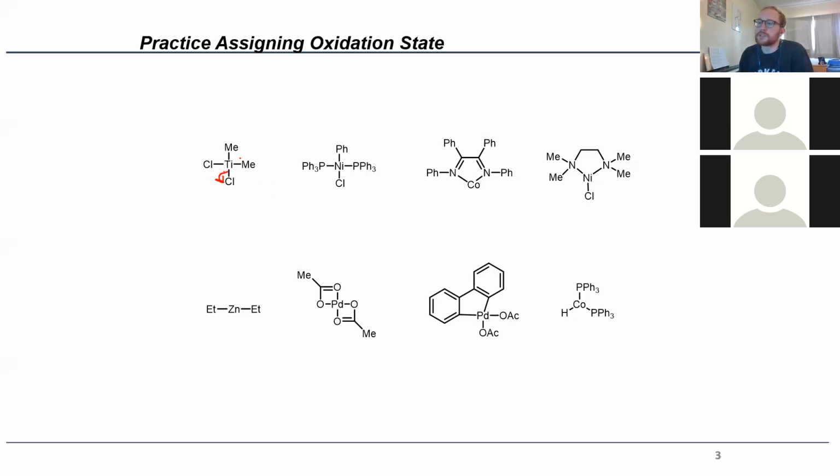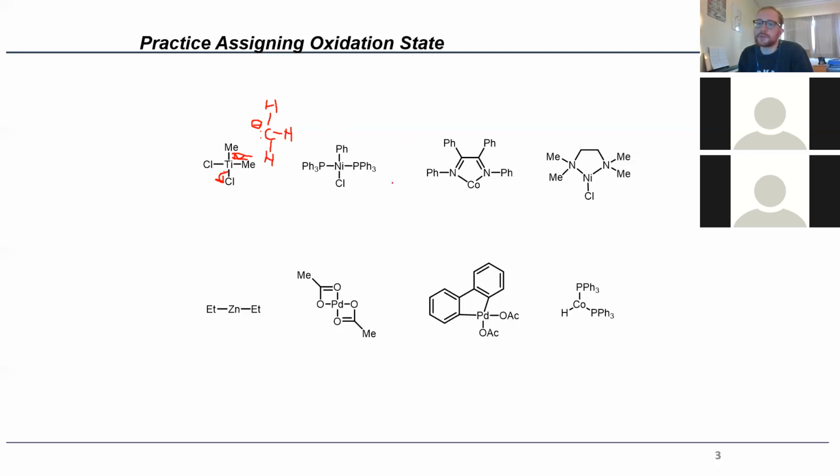And so we see here for this titanium complex that if you dissociate each of these ligands, you get the chloride anion, or in the case of the methyl ligands, you get the methyl anion, which also contributes to the oxidation state. And so here, the oxidation state of titanium should be 4 plus.